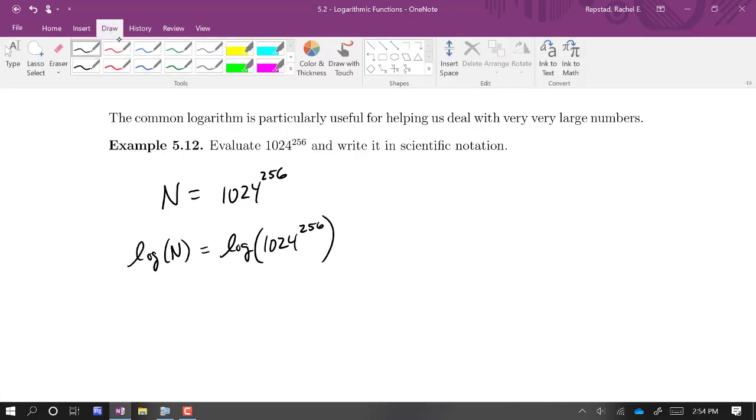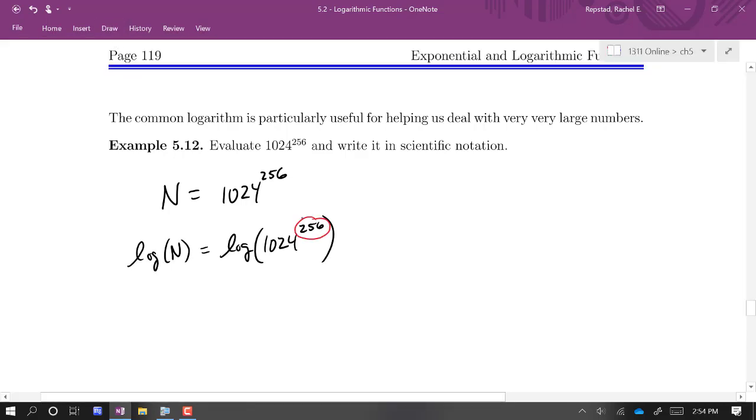And I'm going to use properties of logs. The reason we would take an equation that has no logs and impose logs on it is because we want to take advantage of those properties. So I'm going to bring that 256 down in front. So 256 log 1024. And a really nice thing about 256 times log of 1024 is that we can plug that into the calculator without getting an error.